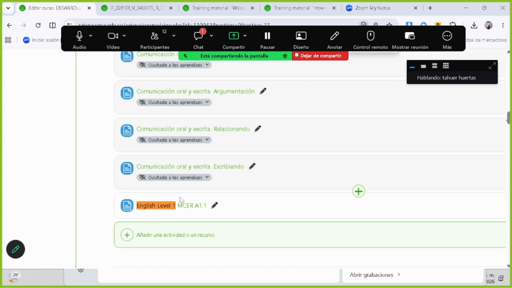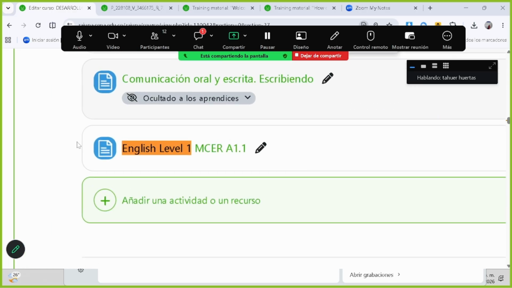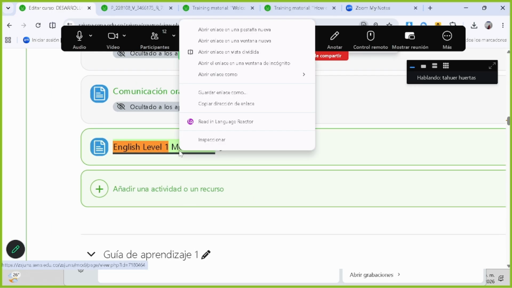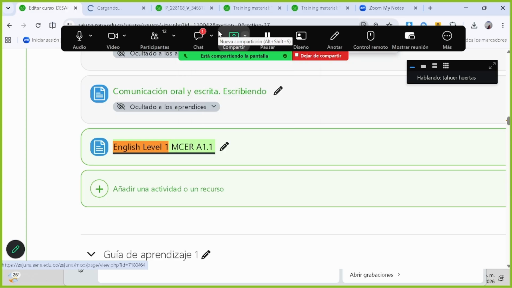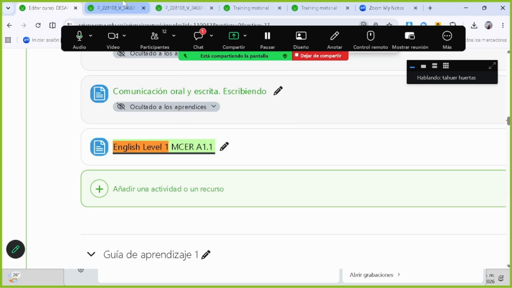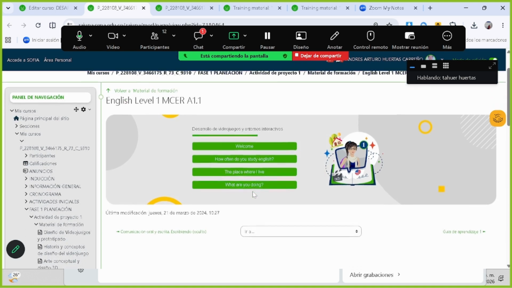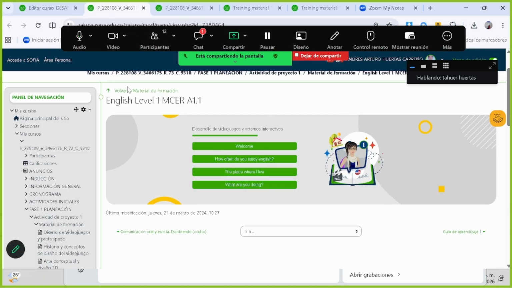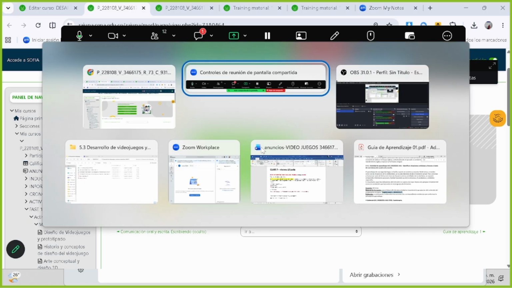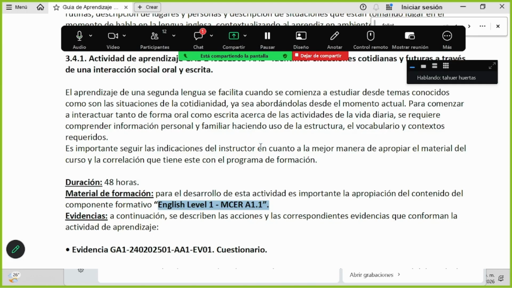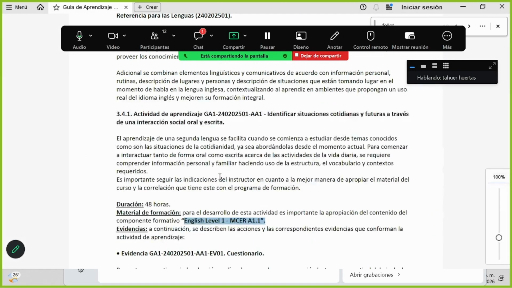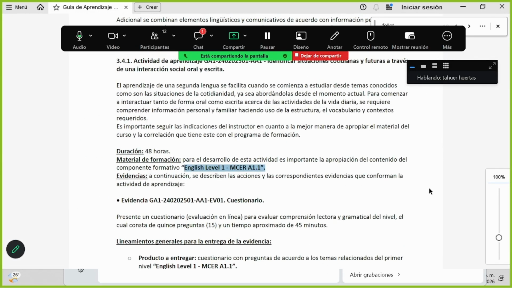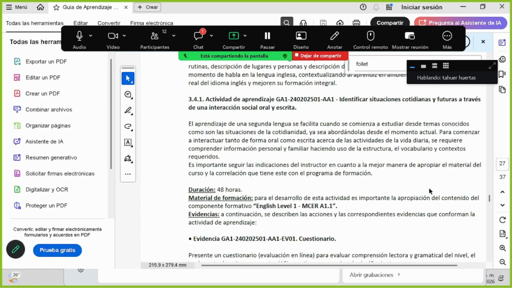Okay. Well, here, if you click on this part, you can see this menu. Here we have some activities. This English level 1 MCER A1.1 is on the learning guide. Here you can see this is in page 27.